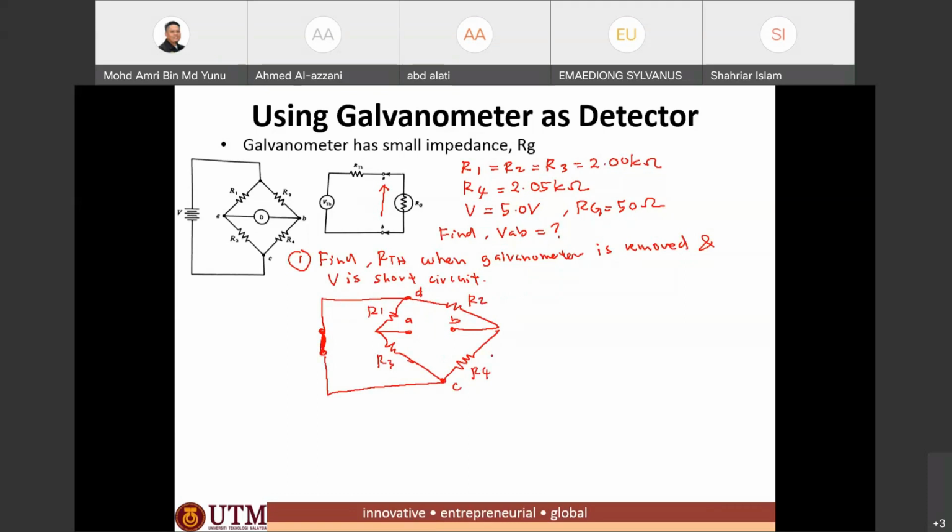Okay, then we have to find what is the RTH here. So we can rearrange the nodes.